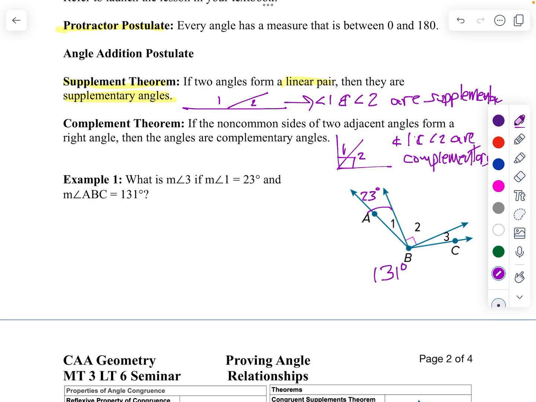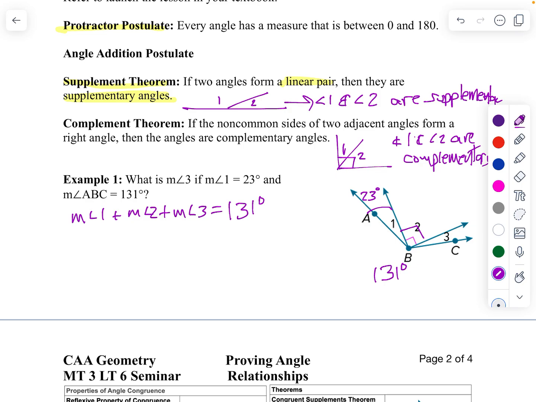And notice I'm told angle 2 is 90. So what do I need to do to solve for angle 3? Well, I know the measure of angle 1 plus the measure of angle 2 plus the measure of angle 3 is going to add up to 131 degrees. That is your angle addition postulate.